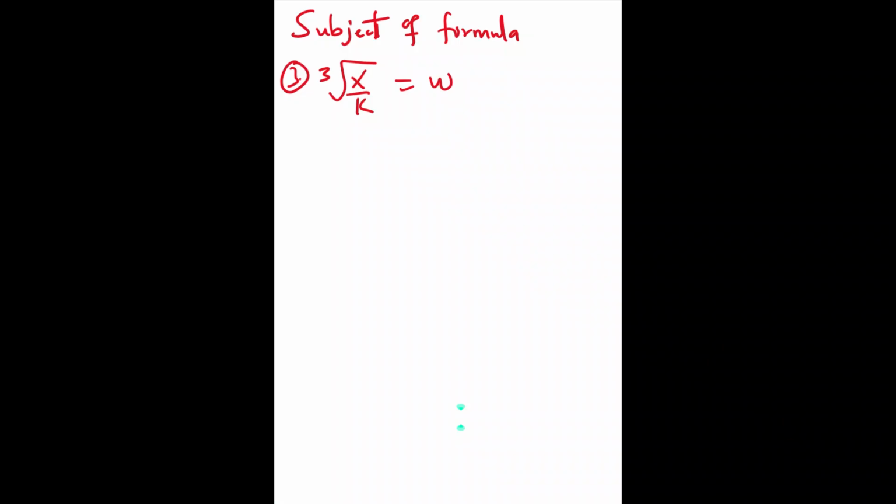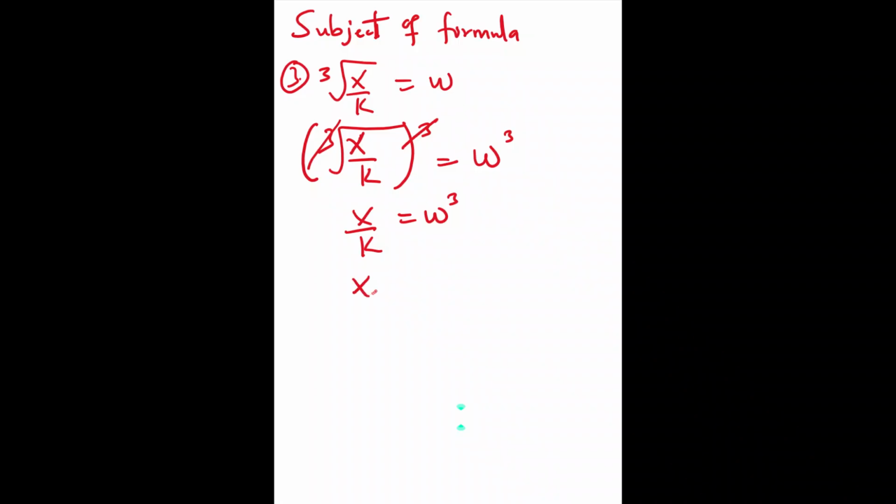We are going to make sure that we cube both sides, so that makes each side raised to power 3. So if we cube both sides, we are going to have something like this: x over k equals w cubed. So this one, we cross out. So x is equals to k w raised to power 3.